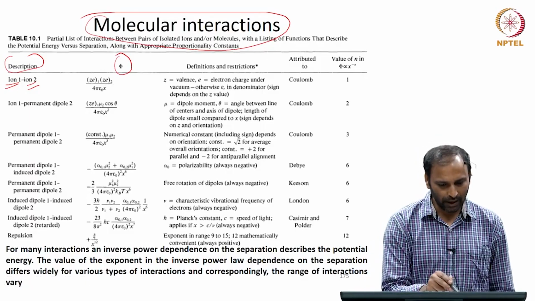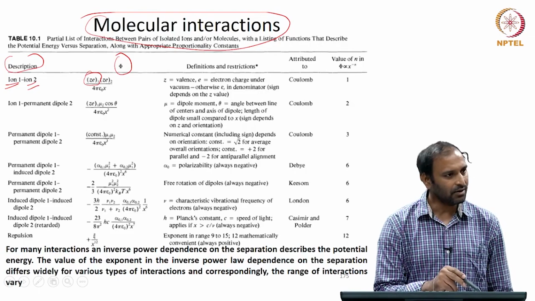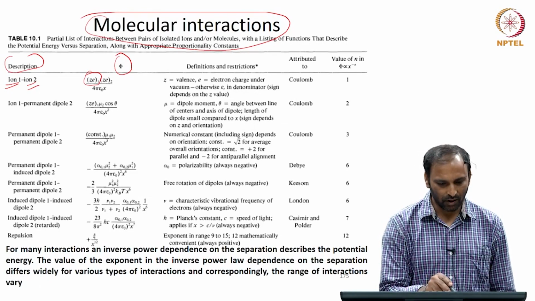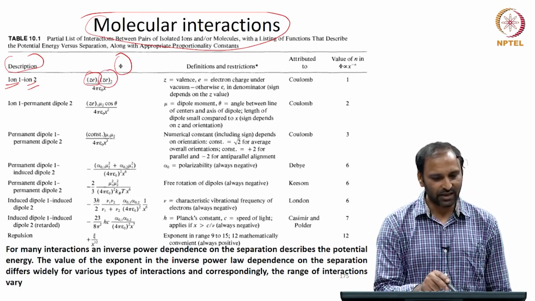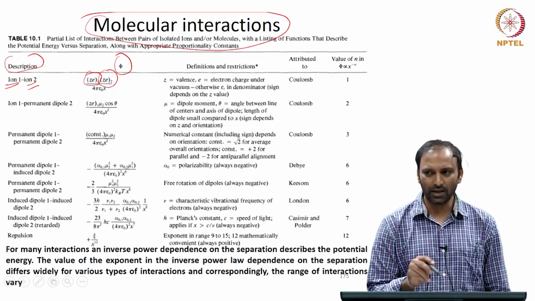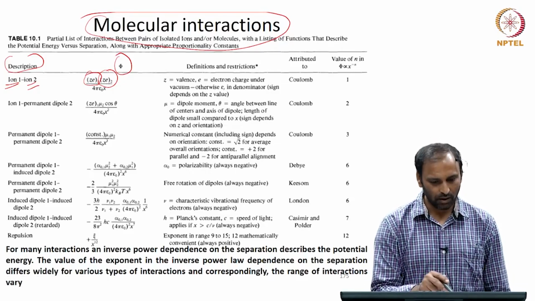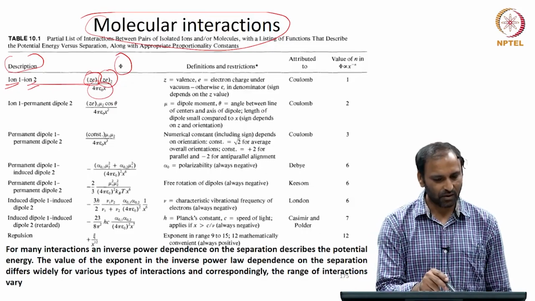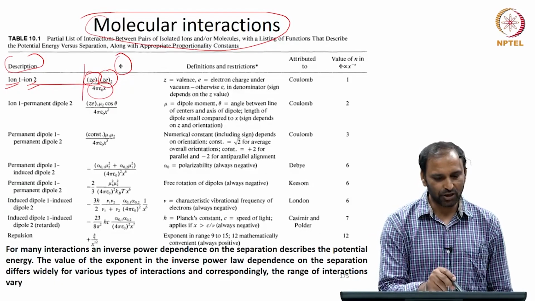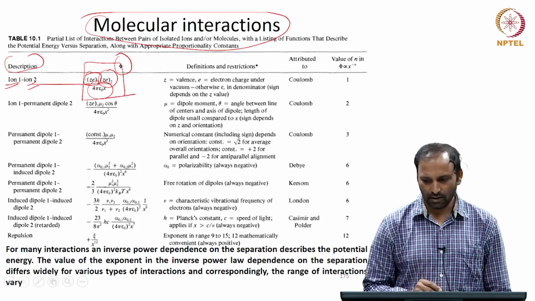Ion 1 has charge Z1e, the valency multiplied by the charge on the electron, similarly Z2e for the second one, over 4 pi epsilon naught x. That is the interaction potential for two ions.